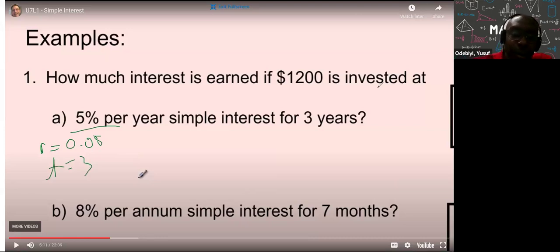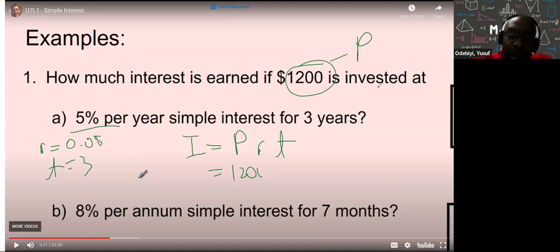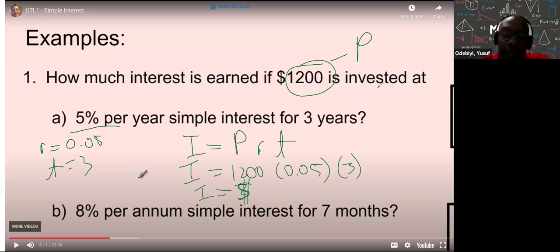So therefore, my interest is going to be, again, my principal times R times T. Simple, right? So we're going to have 1,200 times 0.05 times 3. So that's going to be my interest amount in dollars. Okay? I'm going to put a dollar sign.